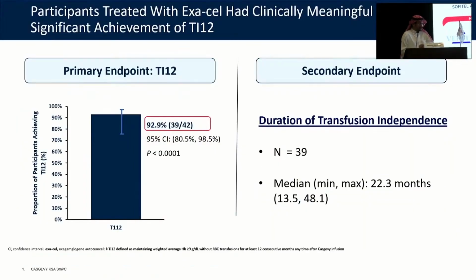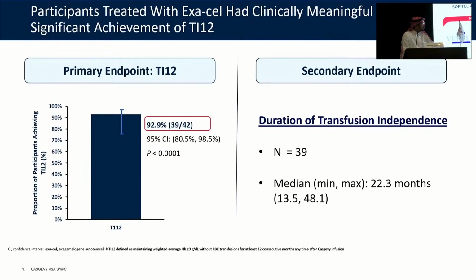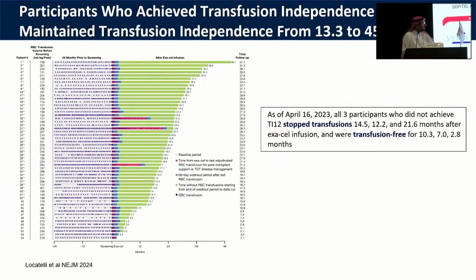So what are the results of the primary endpoint, which is to be transfusion independent for 12 consecutive months? It was reached in 92% of the patients. You can see here only 3 patients did not achieve the primary endpoint, but these 3 patients achieved it at 14, 12 and 21 months.